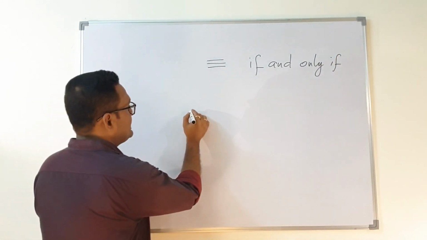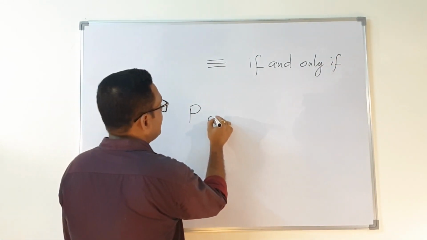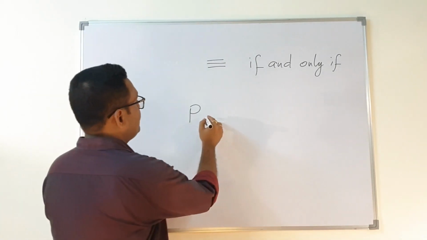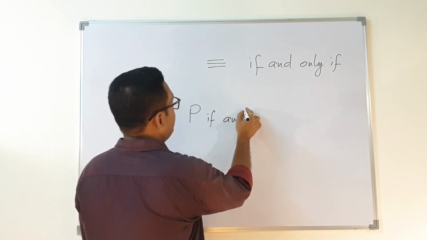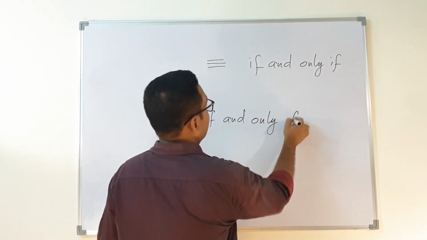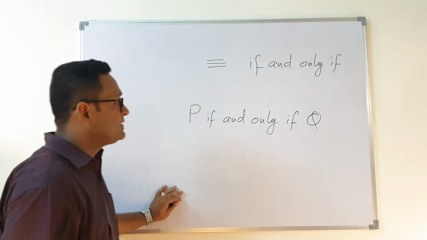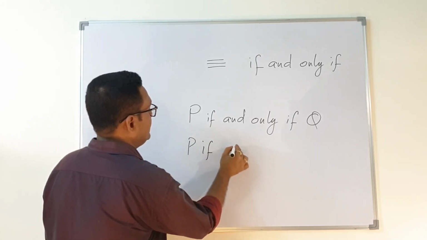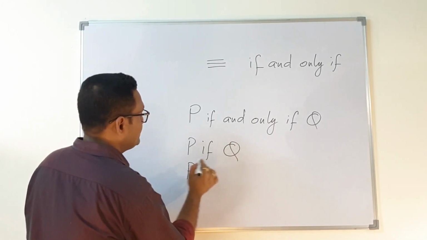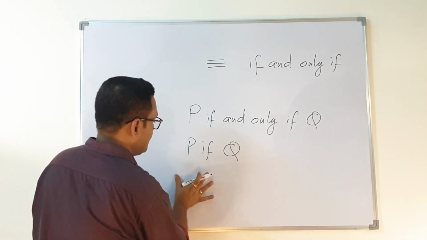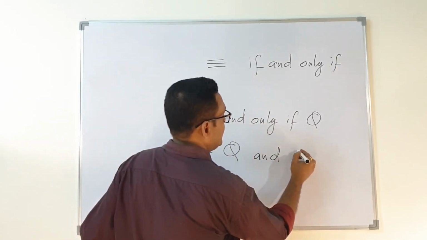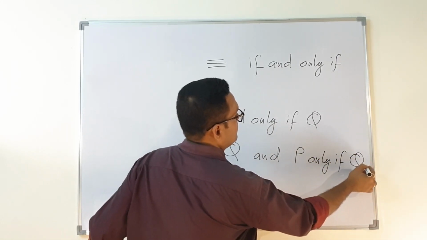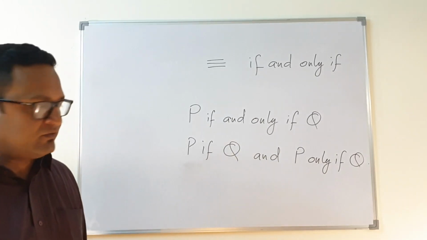So if you say a sentence like this, P if and only if Q, it is a conjunction of 2 sentences, P if Q, and P only if Q, right? So these are 2 expressions for it.